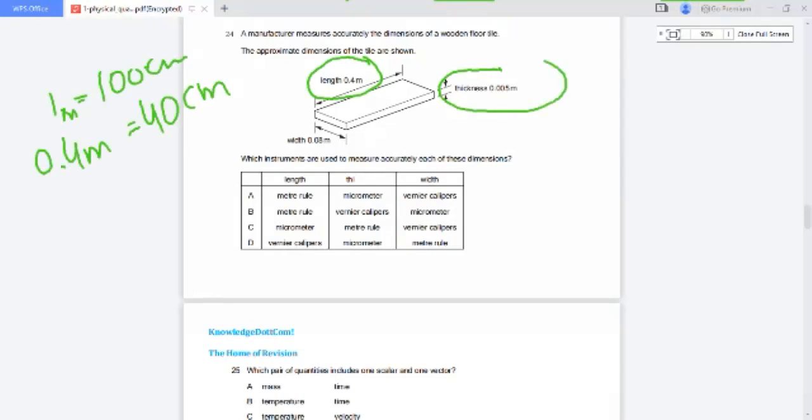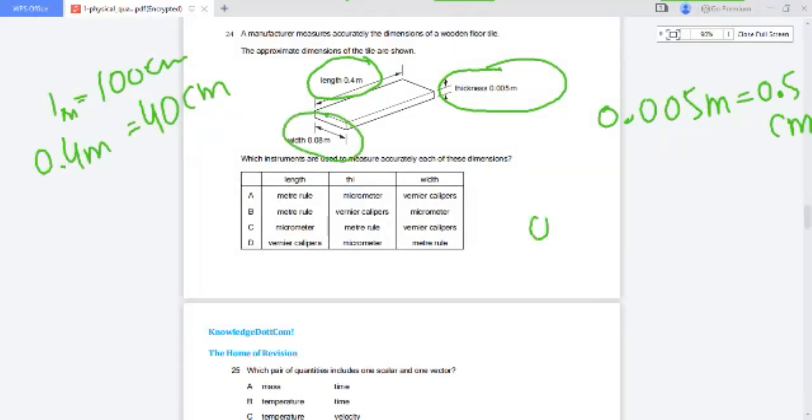Similarly, this is thickness. Thickness is 0.05 meters, with the same scale. It looks like 0.5 centimeter only. And here is the width.